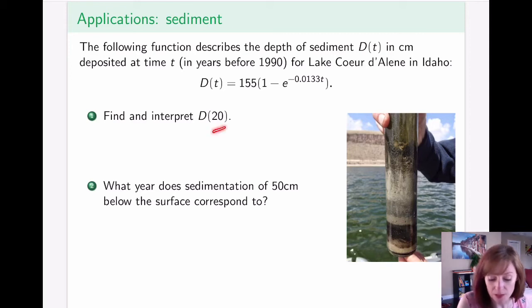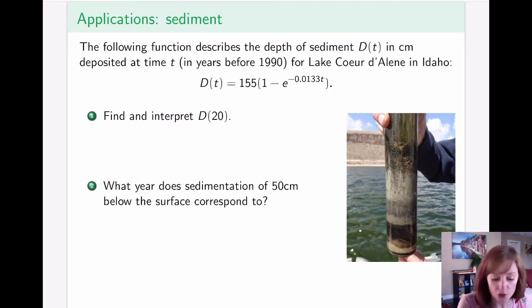If I plug in, for example, 20 here, at what depth are we looking for the sediment that occurred 20 years before 1990? As you plug in the year, the function will give you the depth at which you have to look in order to see the sediment that occurred in that year.